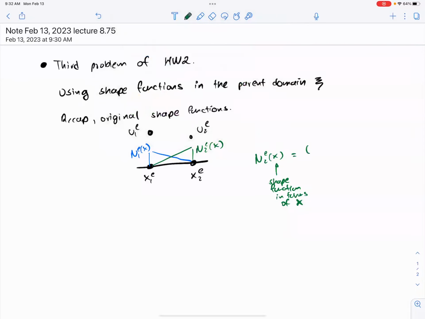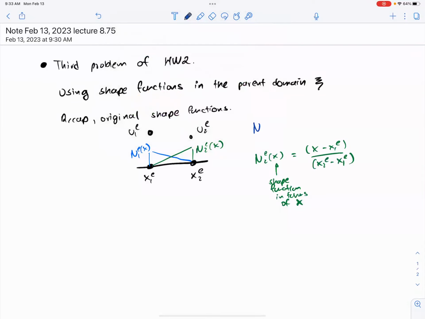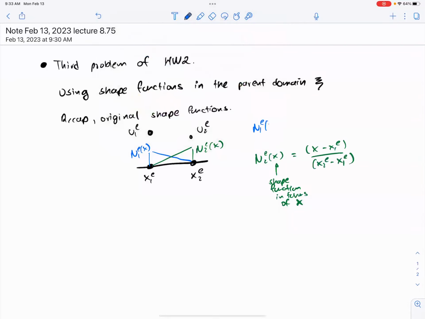So for the second shape function, for example, I needed it to be 0 at x equals x1e. So this was the first shape function, and then the other shape function was (x minus x2e)/(x1e minus x2e). So these were the original shape functions that I defined, and you can see that they are directly in terms of x.